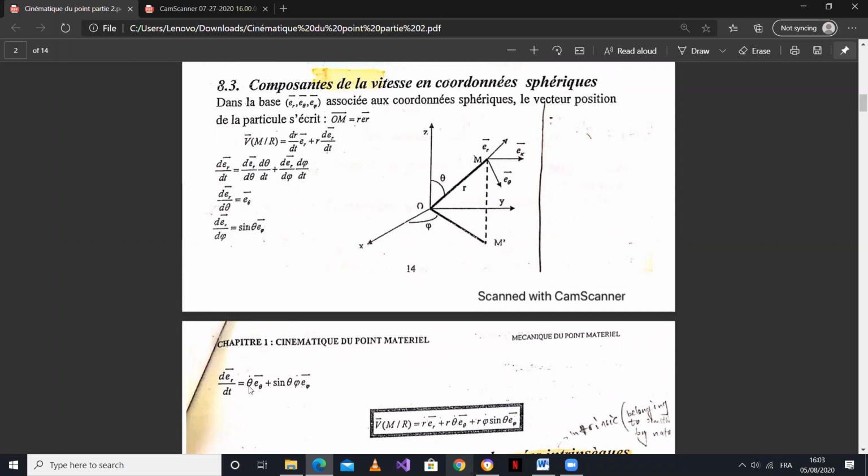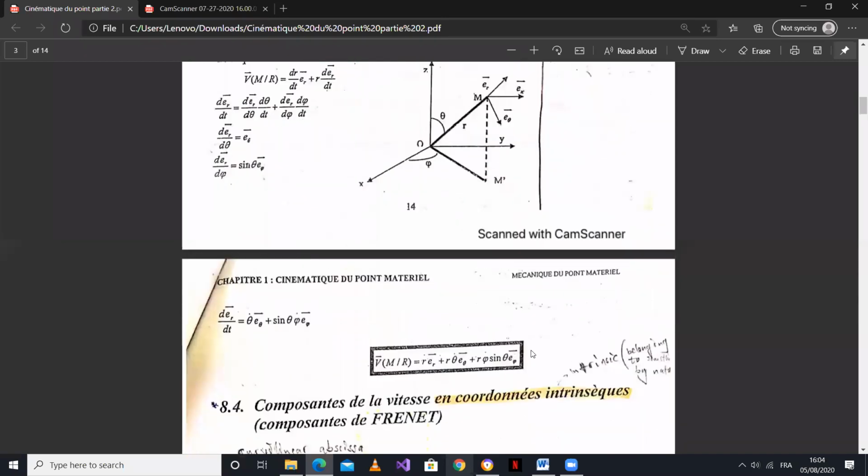So we multiply this whole expression by R, because in the original expression it's R times this thing. That's why we have R theta point e theta plus R phi point sine theta e phi. And this, ladies and gentlemen, is going to be your expression for the velocity in spherical coordinates.